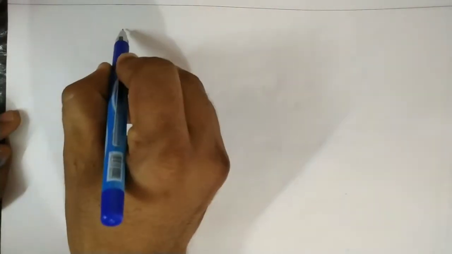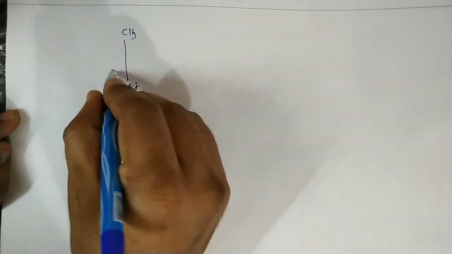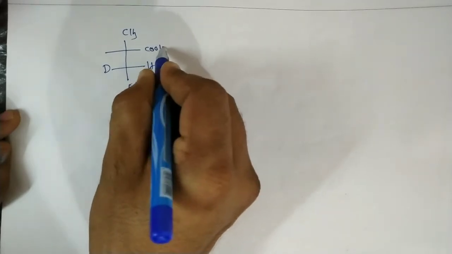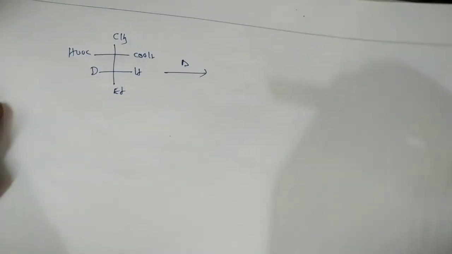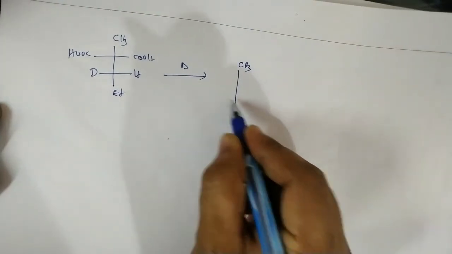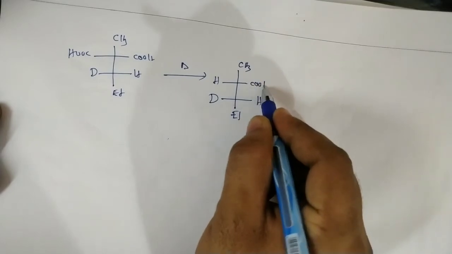Suppose, let us discuss one more example regarding the stereochemistry of decarboxylation. Here the CH3 and this is ethyl. This one is the deuterium and the hydrogen. Now here COOH and COOH. So this one on decarboxylation gives CH3, ethyl, deuterium, hydrogen, here hydrogen, COOH.